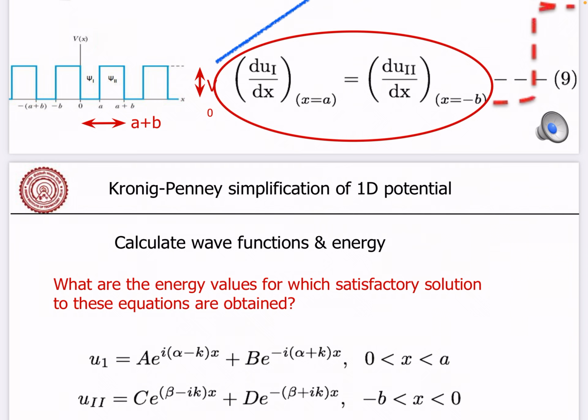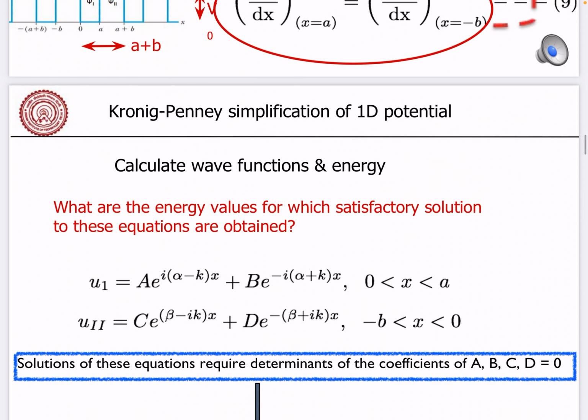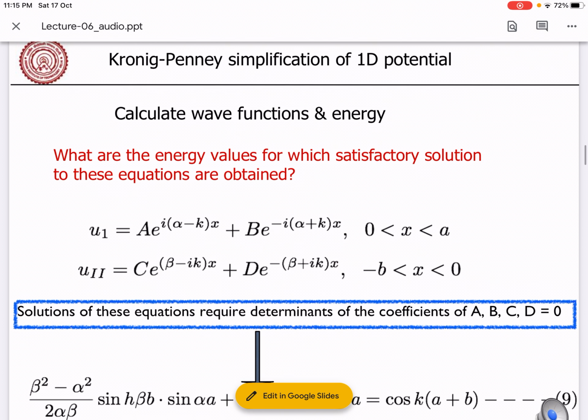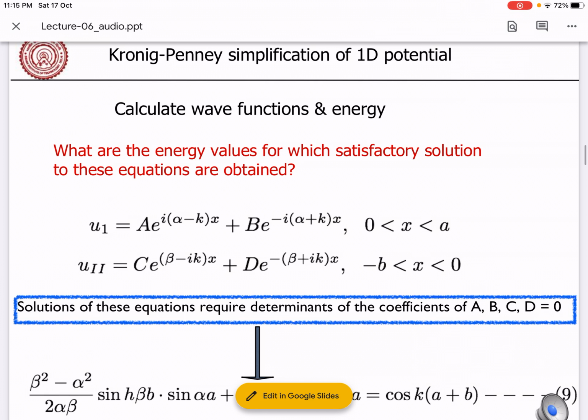Now to solve these equations for u1 and u2, the solution is given by the case where the determinant of the coefficients a, b, c and d must be equal to 0, right.